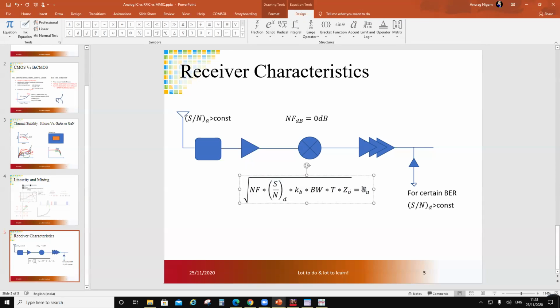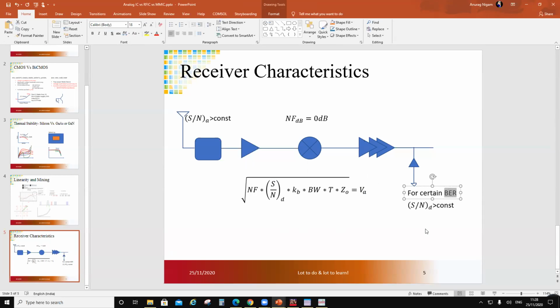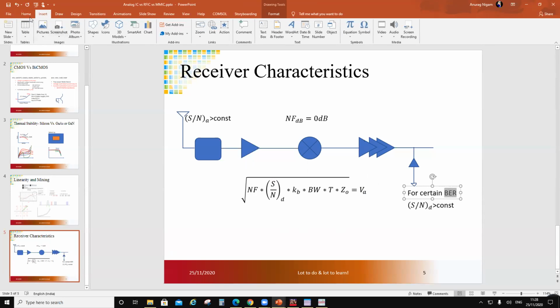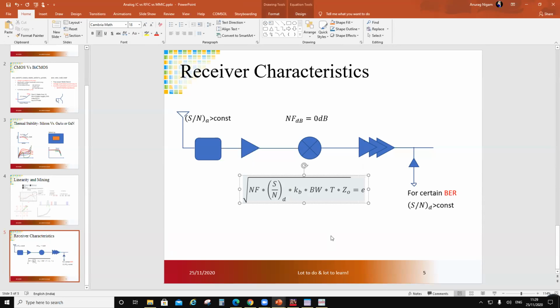And this would be V, not S. So now you see that this should be the minimum signal power strength which you should receive for a given bit error rate. So is that clear? For a given bit error rate, I'm supposed to have a signal strength of this. This is also called sensitivity.